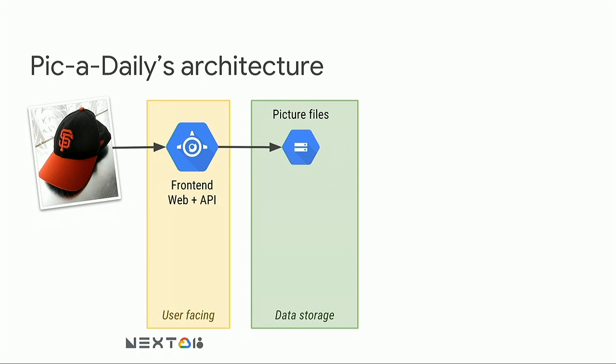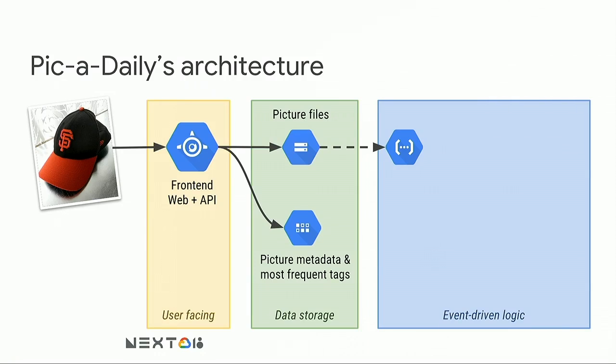When that picture is taken and sent to my app, we're going to store that picture in Cloud Storage. Before I mention what happens to the picture, we also add some metadata, like the URL, or the name of the picture, in Datastore.